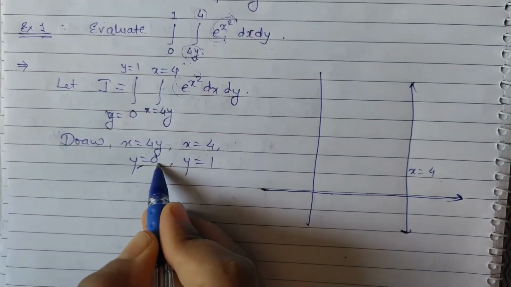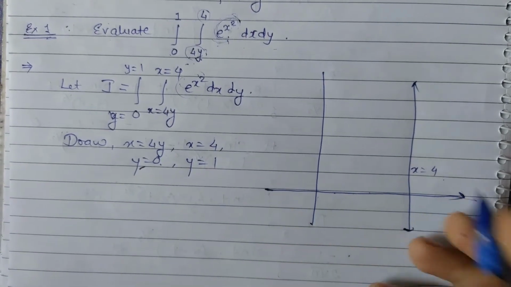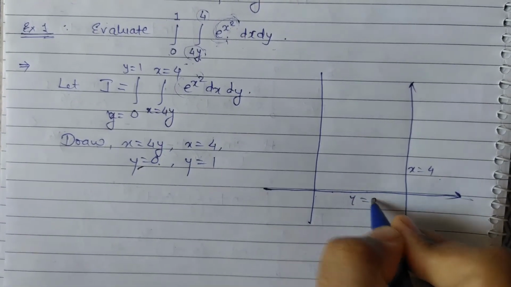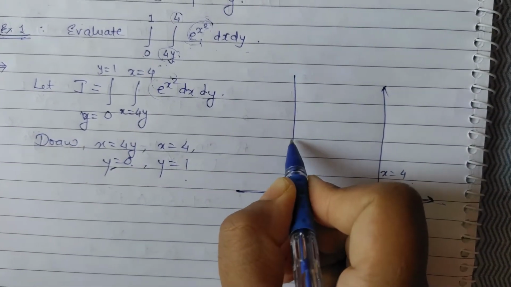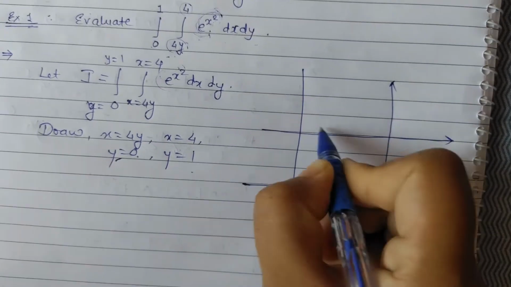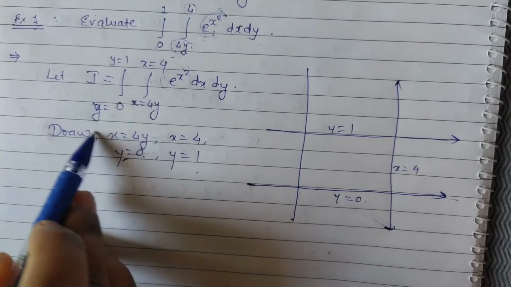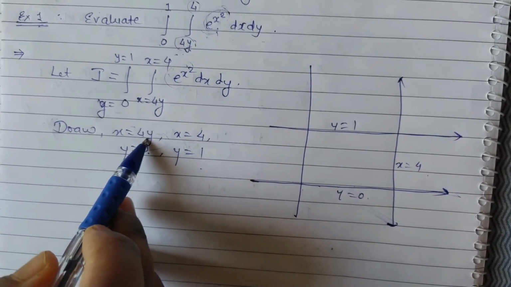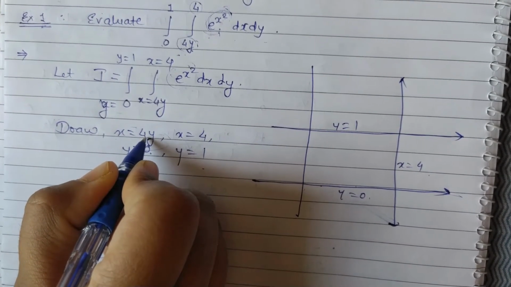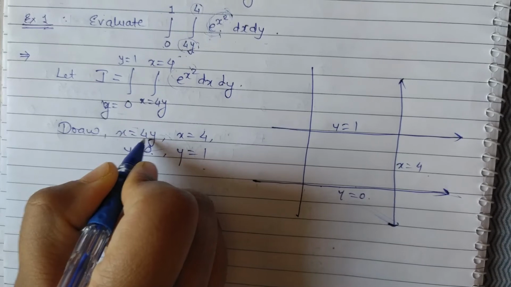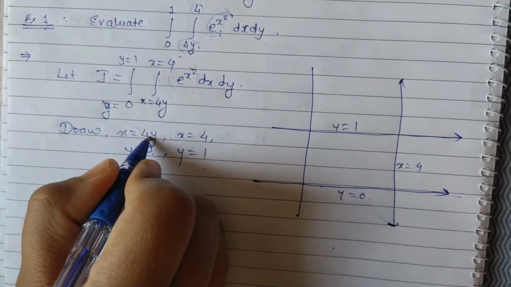Next, y equal to 0 means the x-axis. Next, y is equal to 1 means it is a line at distance 1. Now the remaining is x is equal to 4y, which is a straight line passing through the origin. So first we need to find the points. It passes through the origin as when x is 0, y is also 0.